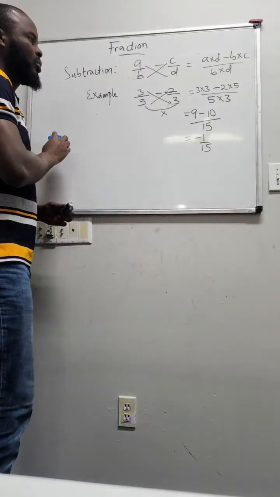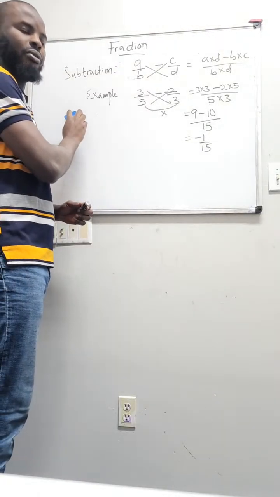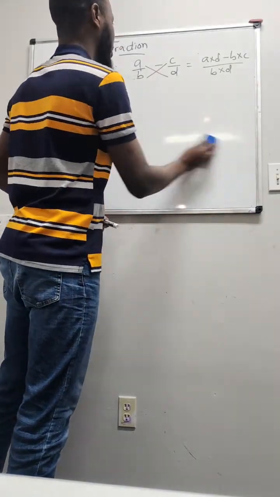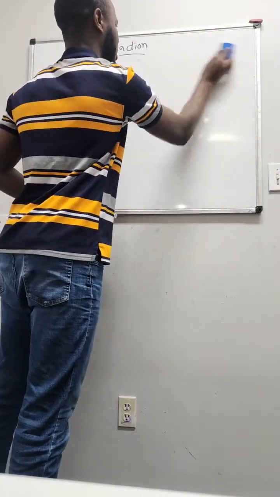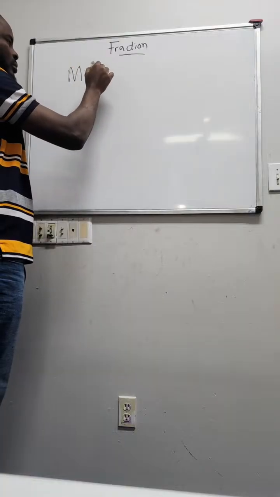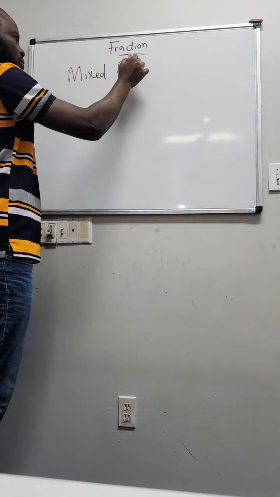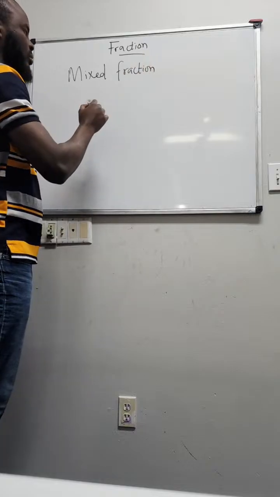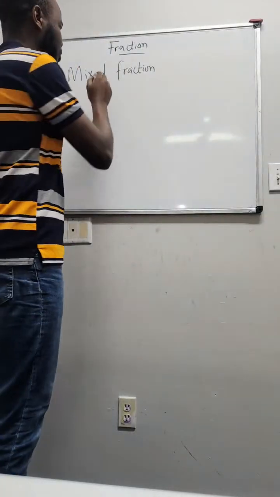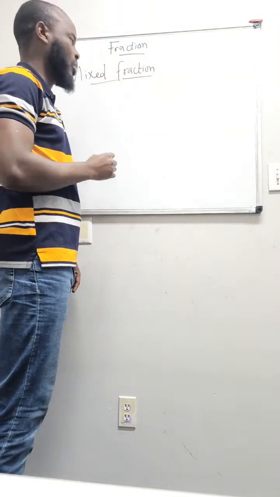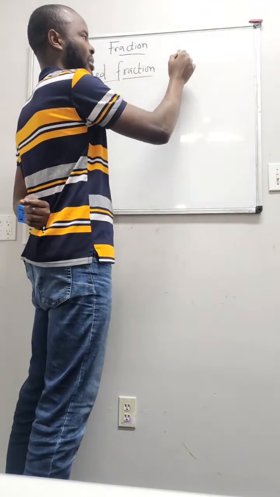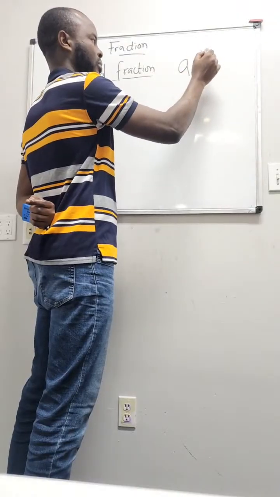Now we move to the next, which is called a mixed fraction. Now, what do we call a mixed fraction? A mixed fraction has a combination of whole numbers and improper fraction. For example, we have a, b over c.